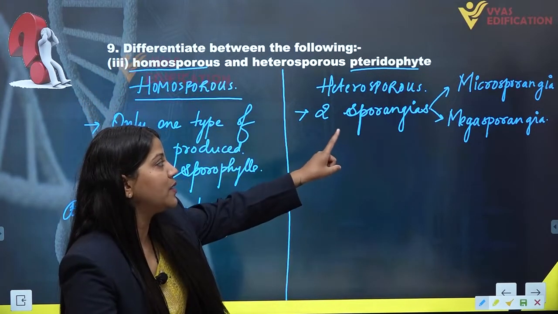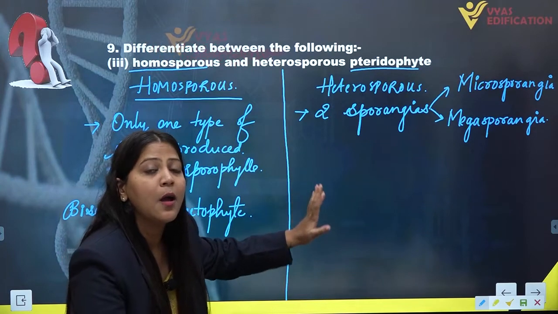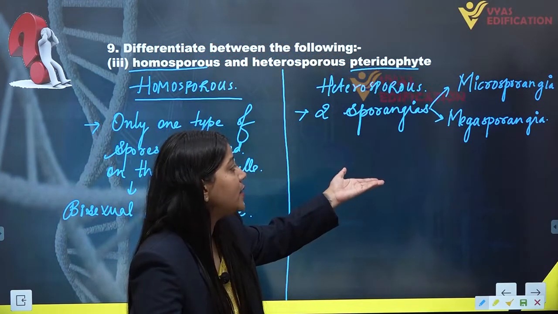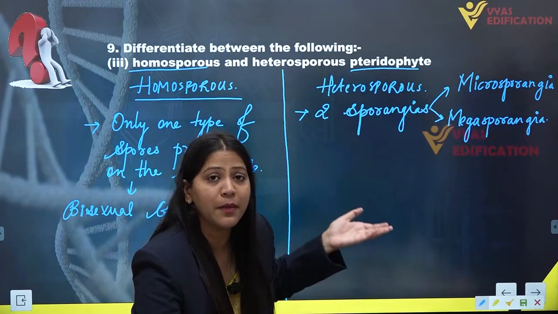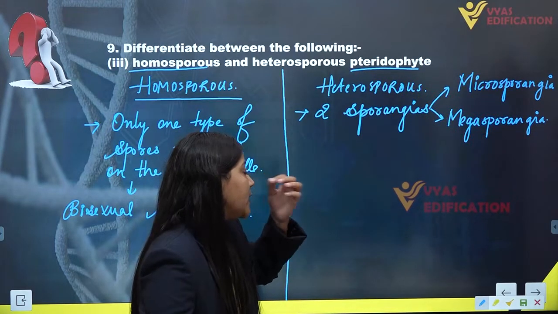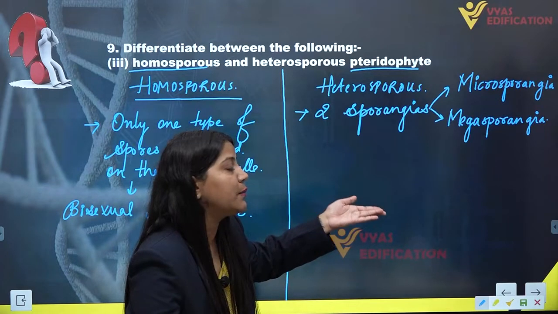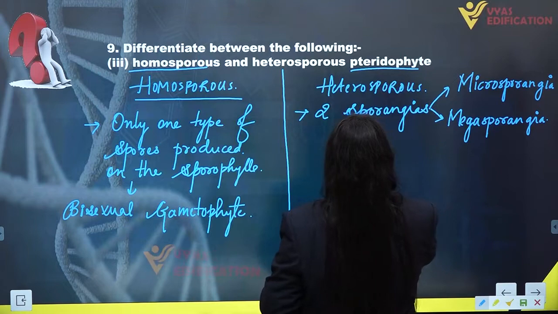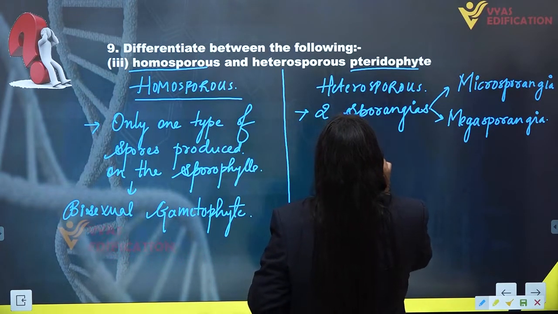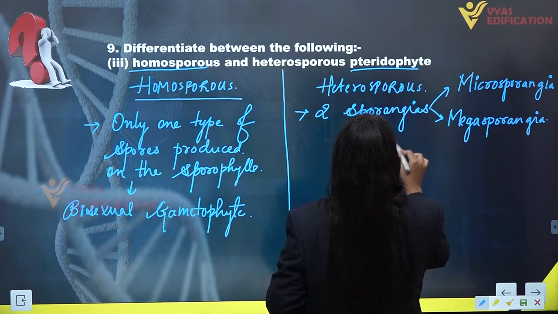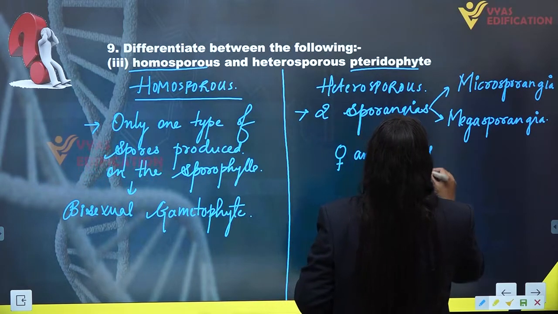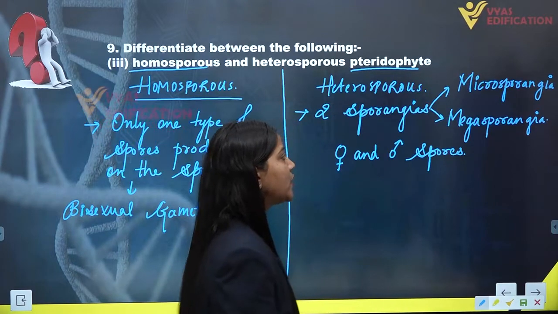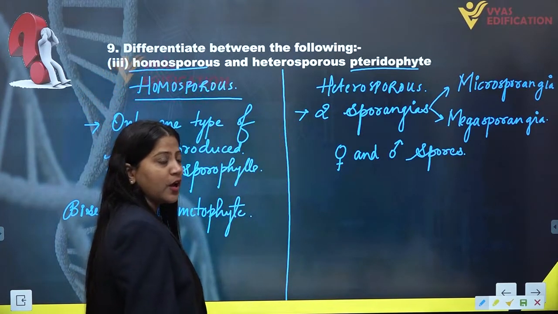Microspores are formed inside the microsporangia, which are male reproductive structures with male spores, and inside megasporangia, which is a female sporangia, the female spores are formed. So two different spores, male and female, are produced separately.